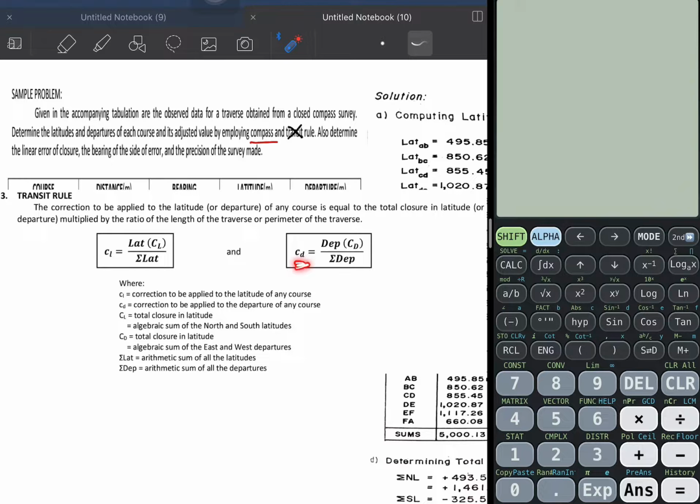And then for the correction for departure, this is equivalent to the departure multiplied by the closure in departure divided by the total or the arithmetic sum of all the departures. Okay, so that is the formula for the transit rule.